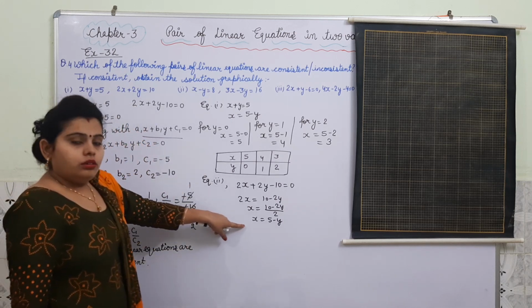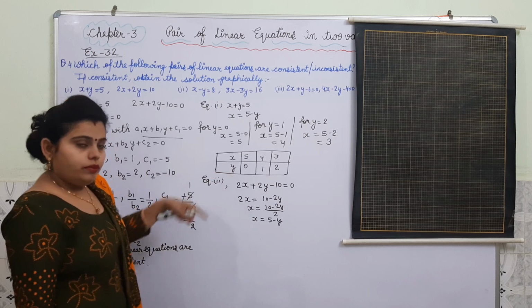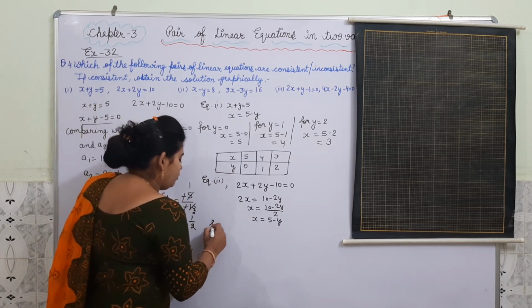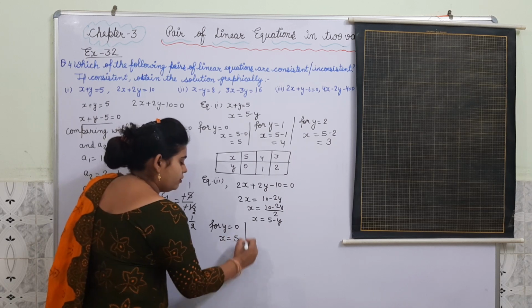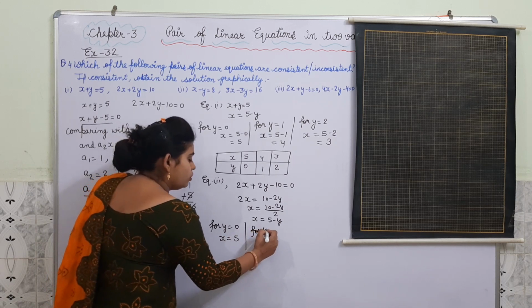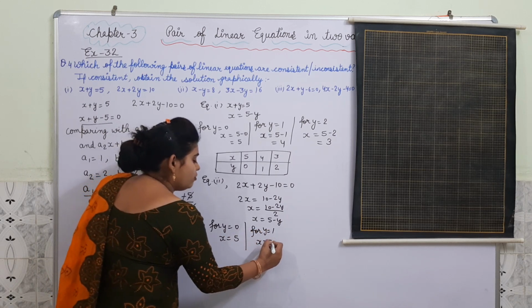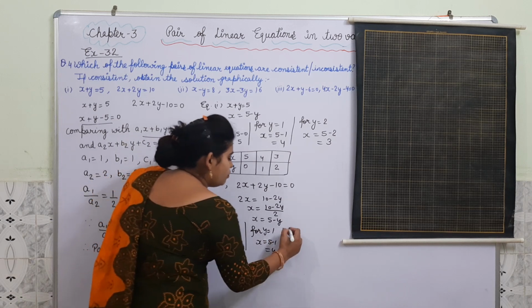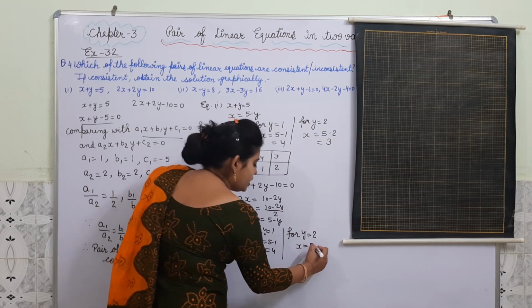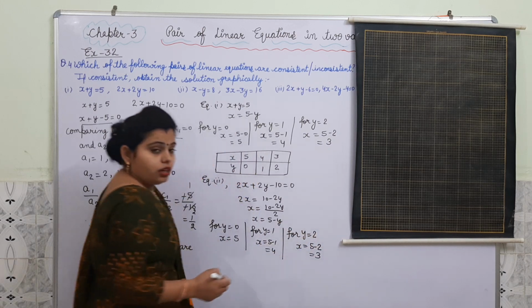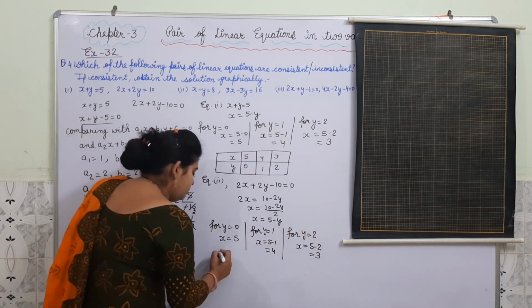So the solution of this equation will also be the same, or we can take y is equal to 0, x will be 5. For y is equal to 1, x will be 5 minus 1, which means 4. For y is equal to 2, x will be 5 minus 2, which means 3. Now we will form the second table.